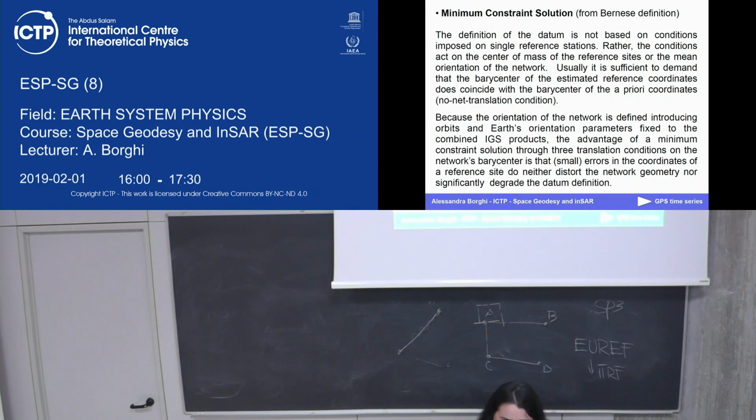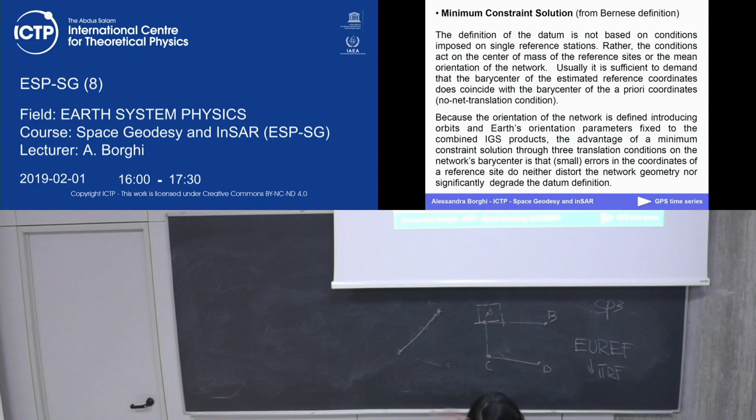At the last step, you have to constrain this reference station, but for a long part of the processing, you just loosely constrain, not fix anything. In GPS, in Bernese, the orbit and the orientation parameters are fixed.